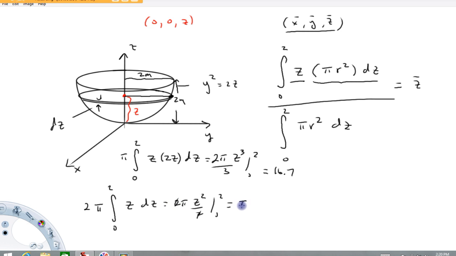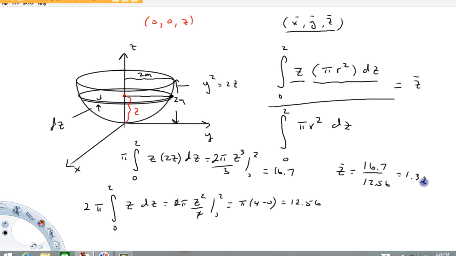So that's going to give us pi times 4 minus 0. I get 12.56 out of that. So our z bar, remember, is our top integral, 16.7, divided by our bottom integral, 12.56. That's about 1.3.